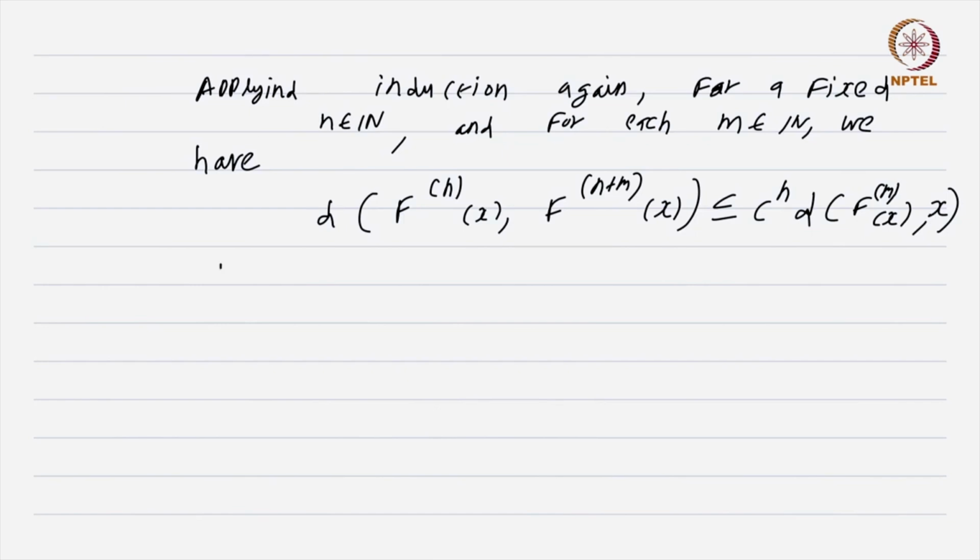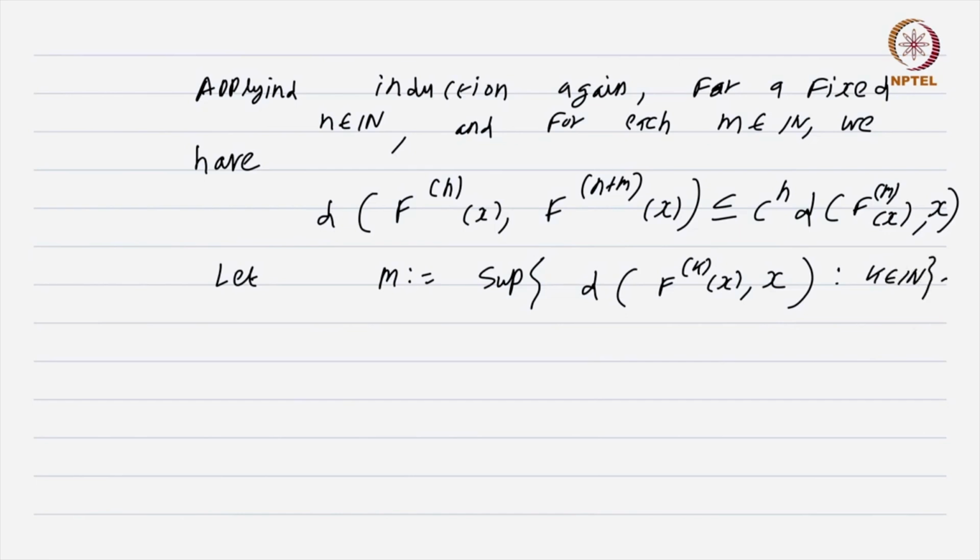Now let M be the supremum of the quantities d(f^k x, x) as k runs through the natural numbers. Fix epsilon greater than 0.